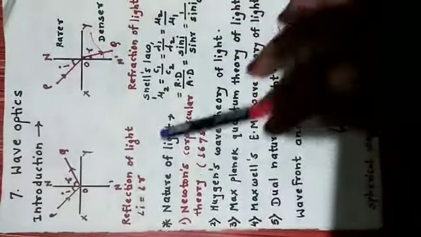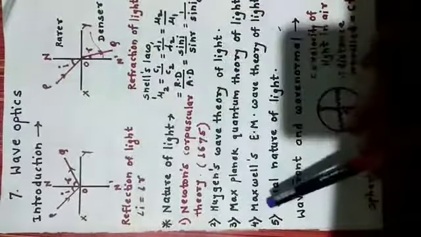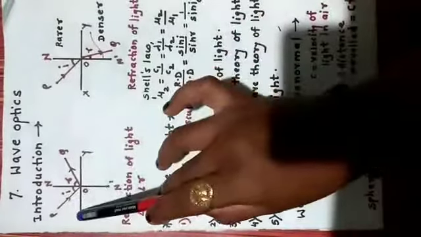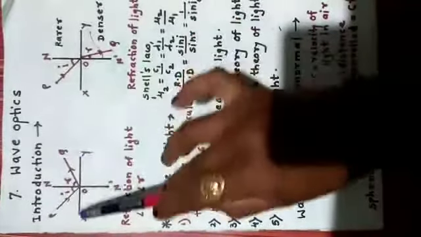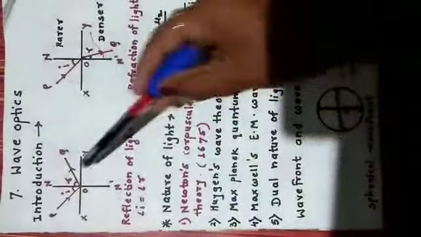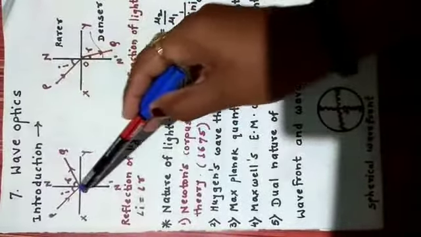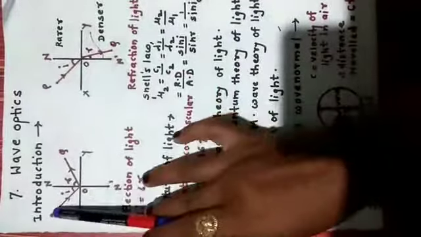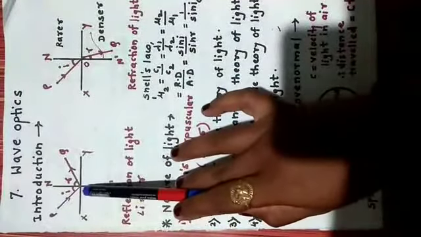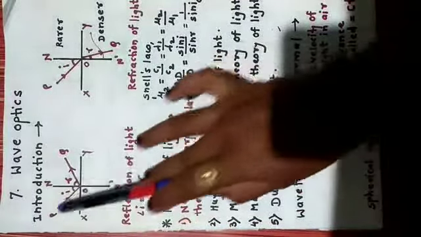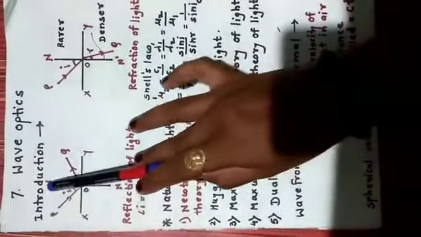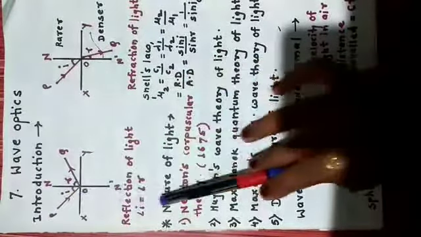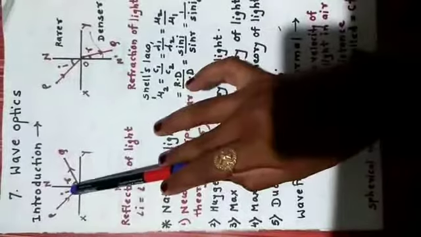light. Okay, so what is meant by reflection of light? For that purpose, let us consider the plane reflecting surface XY. Draw a normal N dash to the surface. Now this PO is the incident light ray. This incident light ray makes an angle I, which is called the angle of incidence.